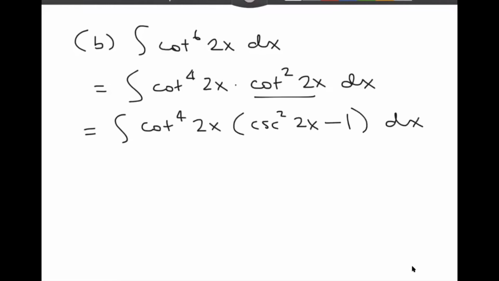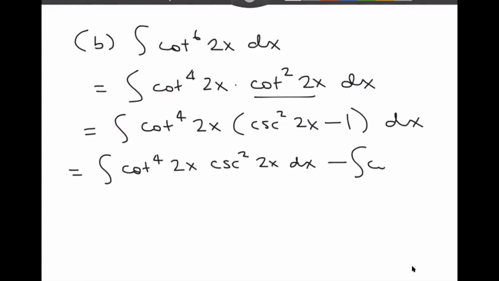All right, so now I can break that into 2 integrals. The first one is going to be the integral of cotangent to the 4th 2x cosecant squared 2x dx. And then the second integral is the integral of cotangent to the 4th 2x.